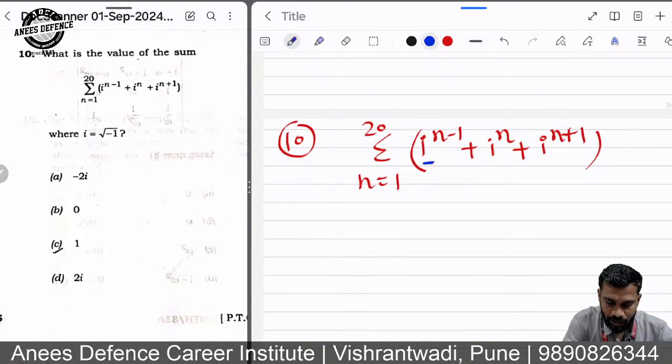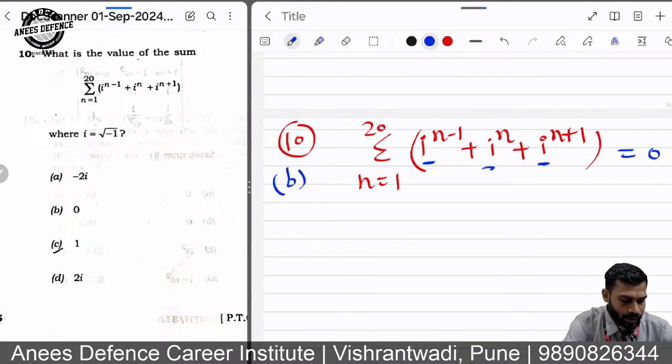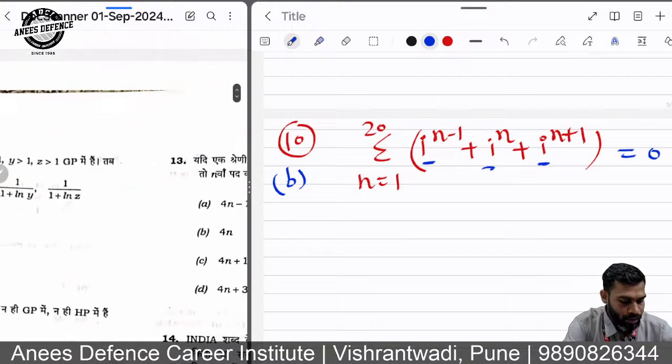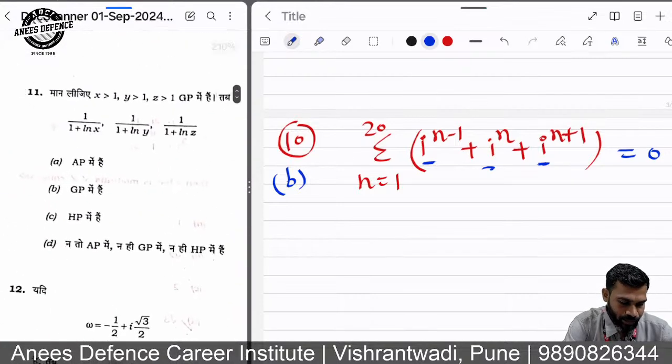As you can see, there will be 4 consecutive terms, and in the same way, 5 groups will be there. So all will be 0. So the answer will be 0 for this. So question number 10, option B is the right answer. Next, let us move to question number 11.